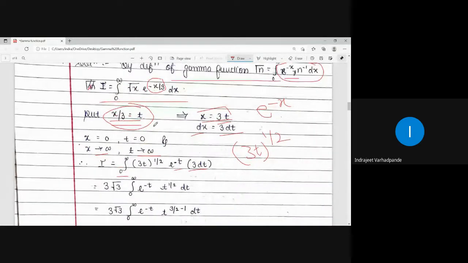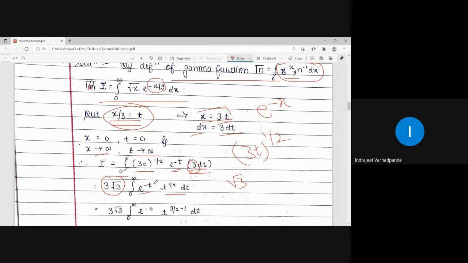So x to the power half means 3t to the power half, e to the power minus t, dx is nothing but 3 dt. So 3 to the power half means root 3. This 3 outside, so I am taking it out as 3 root 3, integral 0 to infinity e to the power minus t, t to the power half dt.